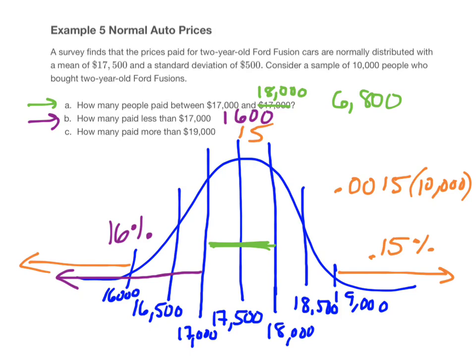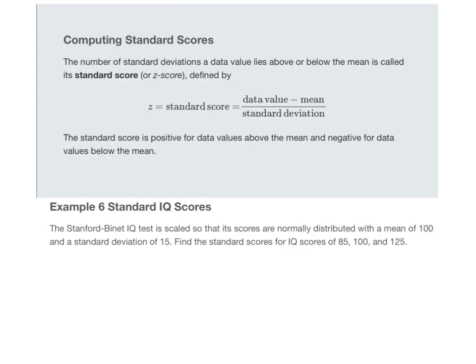Things that don't exactly fall on those standard deviations. So if we wanted to find that, that's the point of a z-score or a standard score. It tells us how many standard deviations above or below the mean any particular data value is.